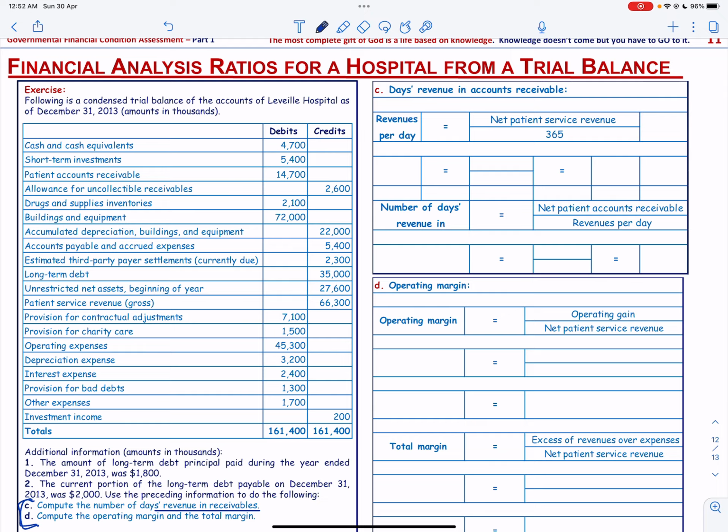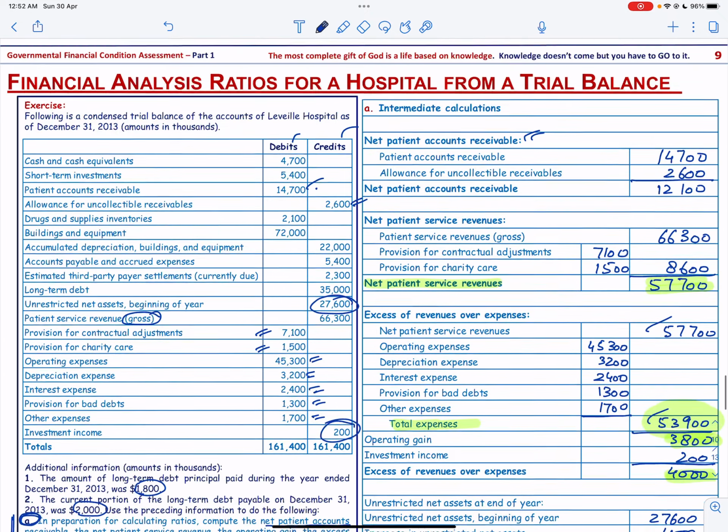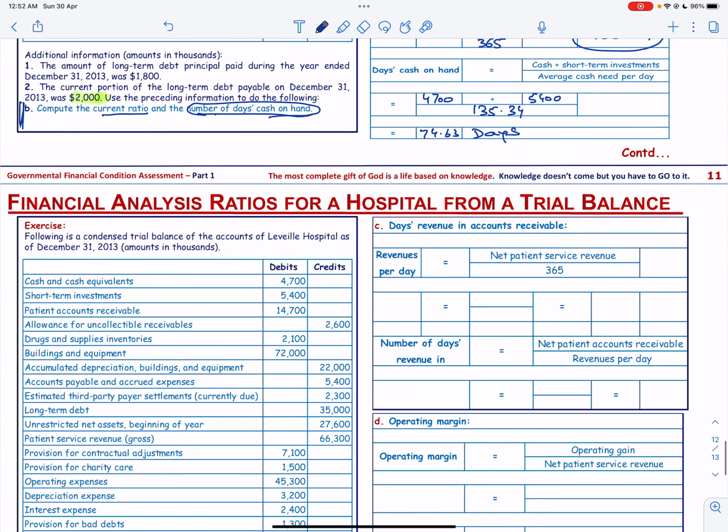Net patient service revenue is 57,700 divided by 365. So this is equal to 158.08. So this is the revenue per day.